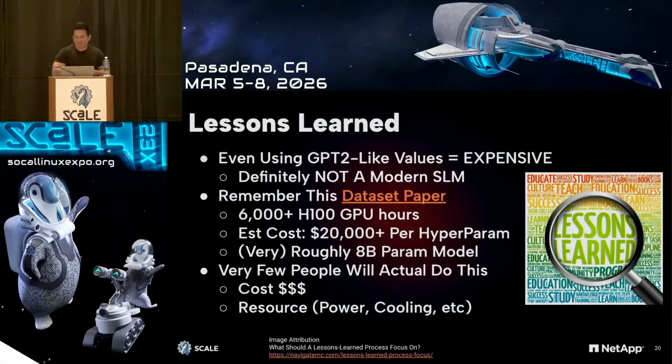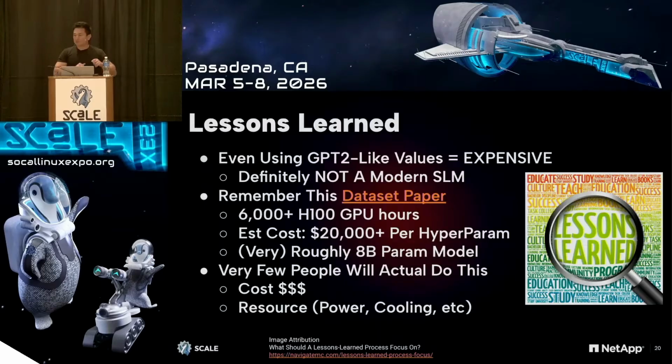So why did I do this? A GPT-2, right, now we're at OpenAI, actually 5.4 came out today, right? Yep. So even training a GPT-2 version, small language model, is ridiculously expensive. If we remember that Hugging Face data set, that paper, it requires 6,000 H100 GPU hours to train this model to completion.